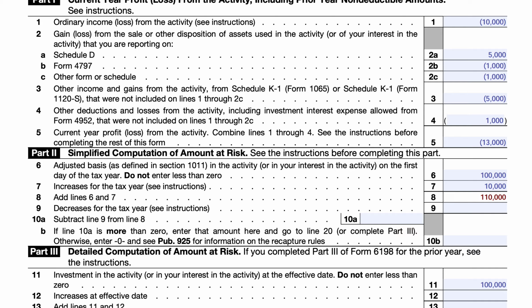And then withdrawals and distributions during the tax year, both cash and adjusted basis of any non-cash items, to include assets that were used to pay certain debts.